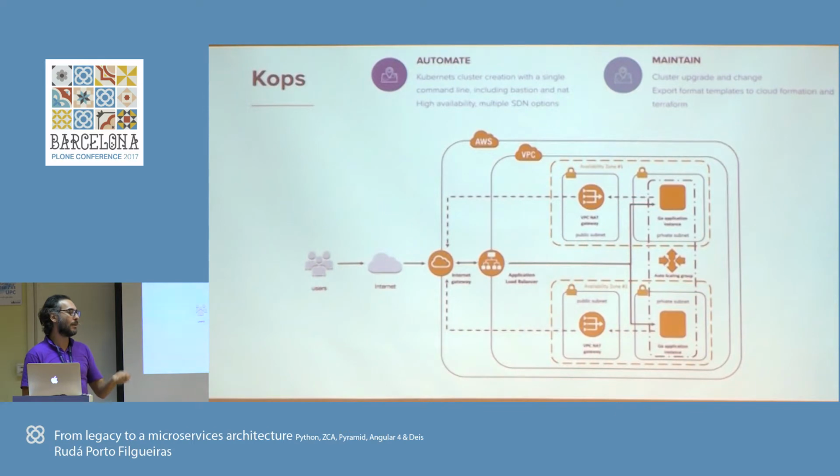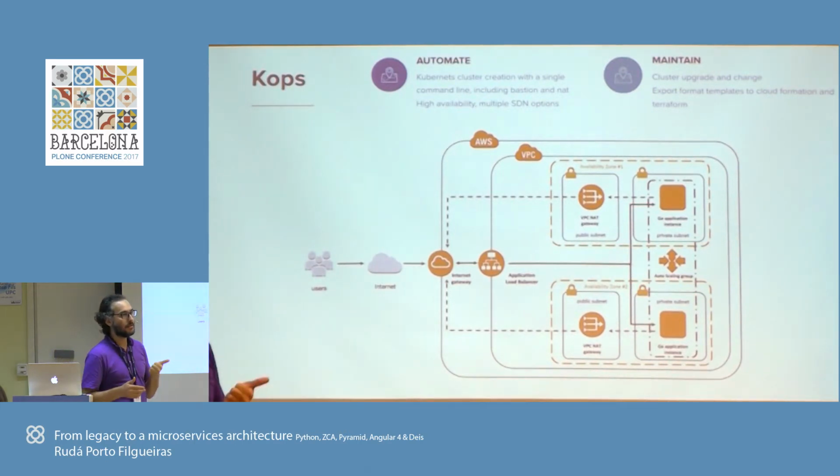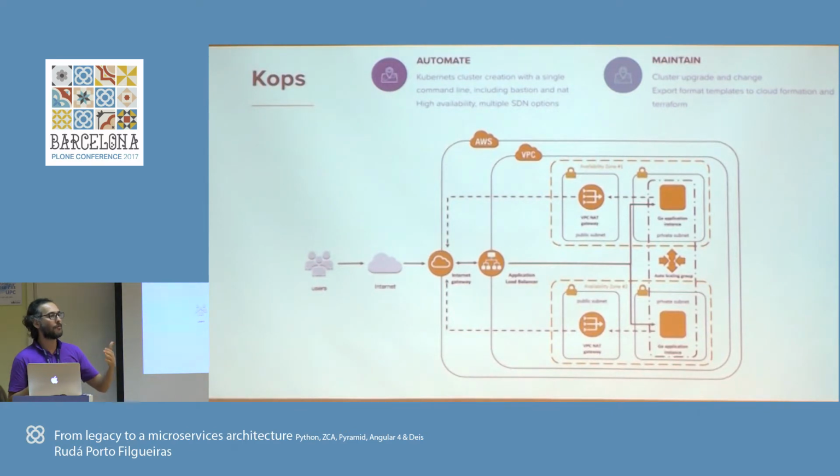You can run the command to directly create the infrastructure, or you can export to a CloudFormation template. That's a tool from Amazon that you can also use afterwards, using this file to create a new environment. Okay.